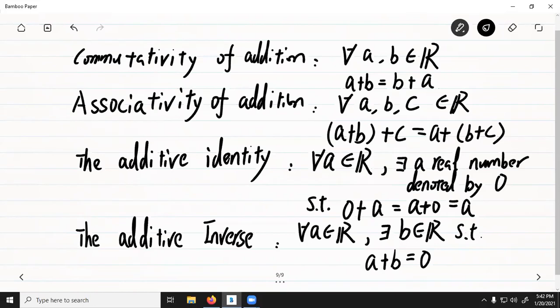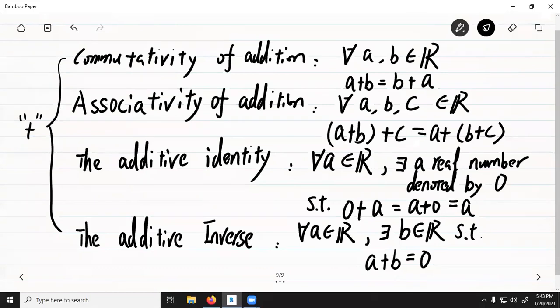Okay, so these 4 axioms are for the addition operation. So the addition operation should satisfy these 4 axioms.